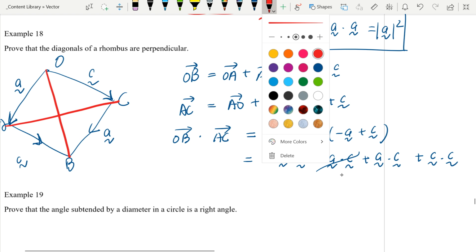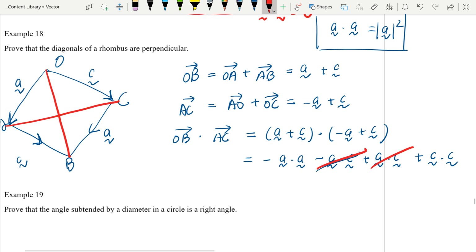These two get cancelled because it's minus A dot C and positive A dot C. I don't care what the dot product is, you will have the same result here. So what I have here is minus absolute A squared plus absolute C squared.